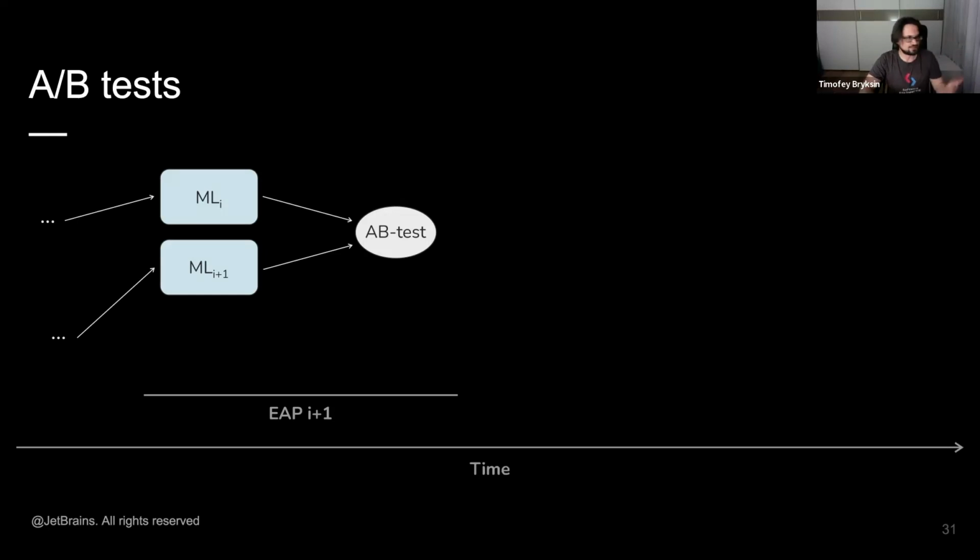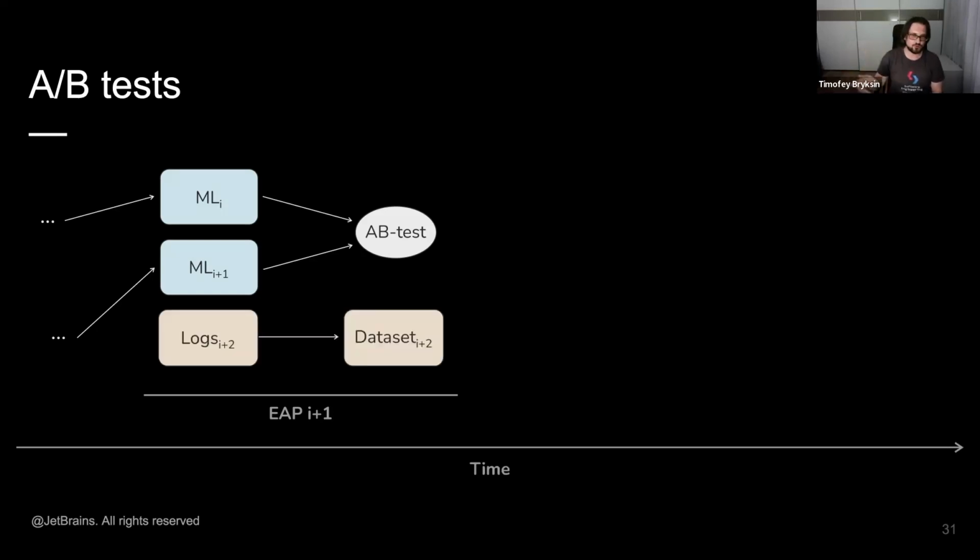For example, at step I, we have the previously best working model and some new candidates. We show them to different users and compare how they perform. We also have a separate group of users that use the previous best working model, but we do not use them for the evaluation. We use them to collect the data set.